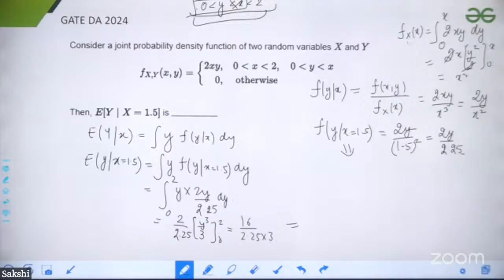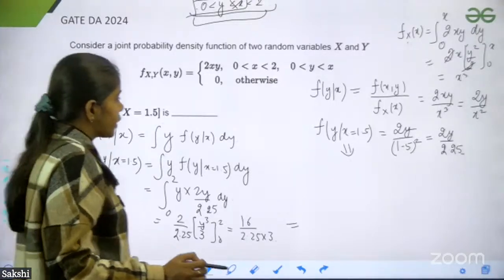Momali is saying 2y upon 1.5 square is equal to 2y by 3. Momali, how would it be 2y by 3?